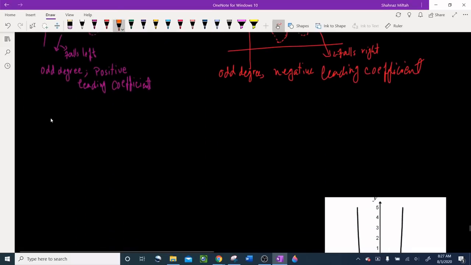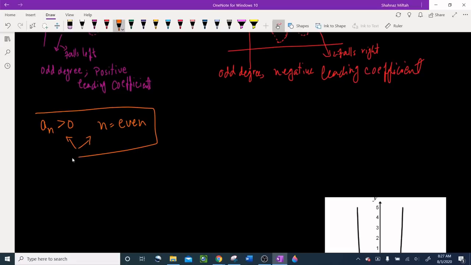If the n is even and the leading coefficient is greater than 0, the degree, the power, the exponent, this is what I mean by n, is even, then it's going to rise to the left and it's going to rise to the right.